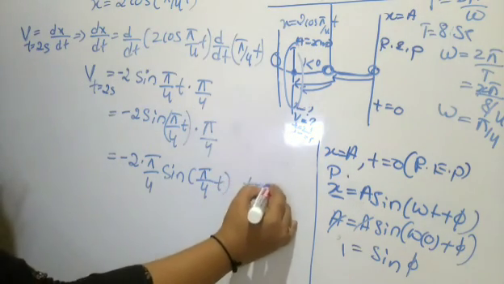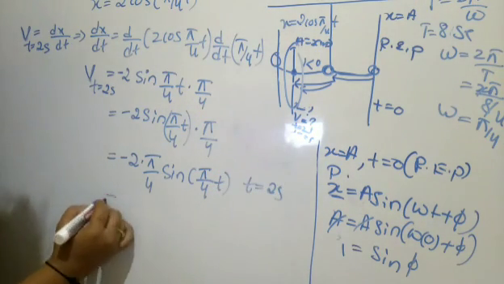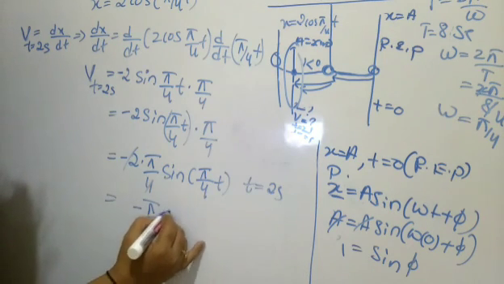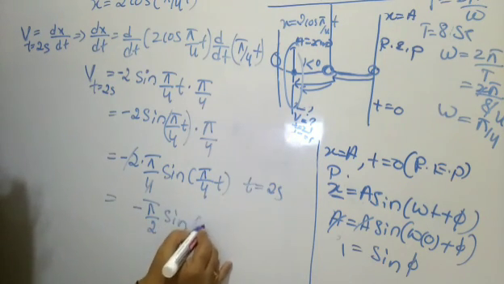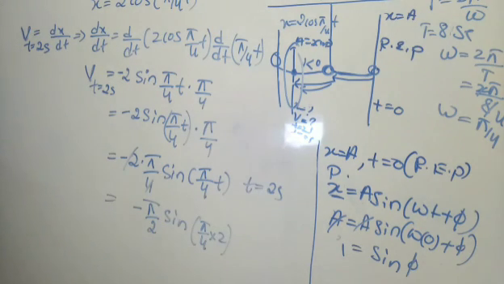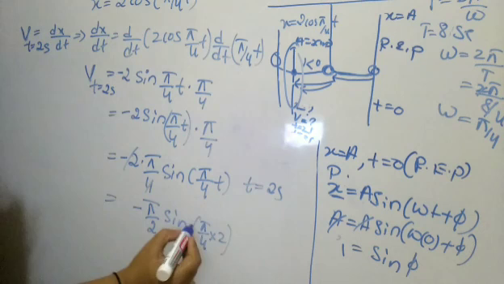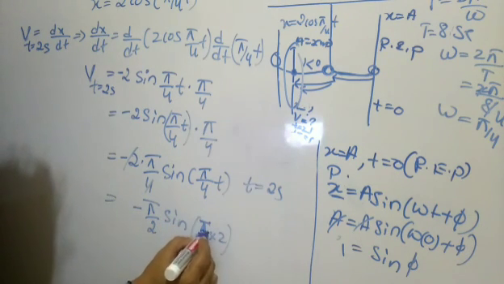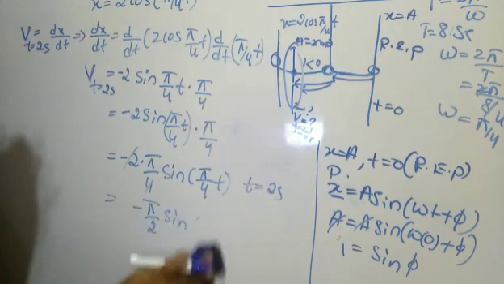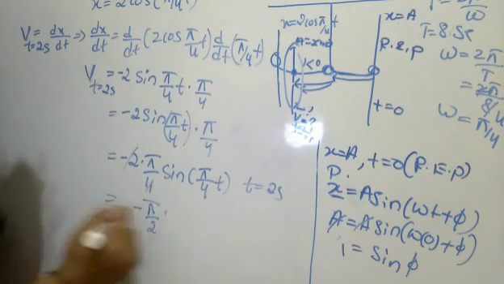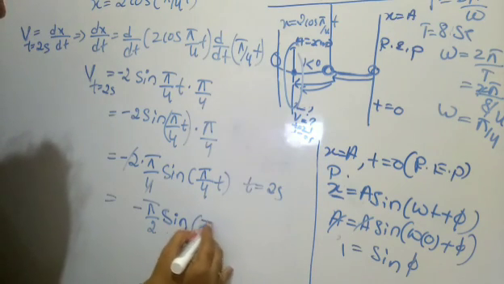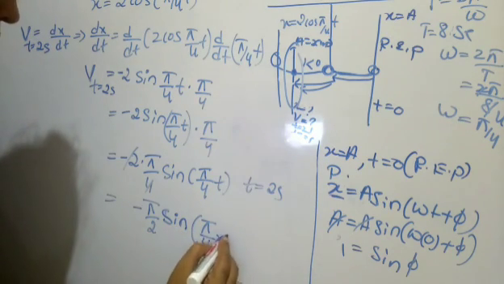So the time is 2 seconds. Now 2 ones are 2, 2 twos are 4, minus pi by 2 sine of pi by 4 into 2. I'll write it clearly once again: sine of pi by 4 into 2.